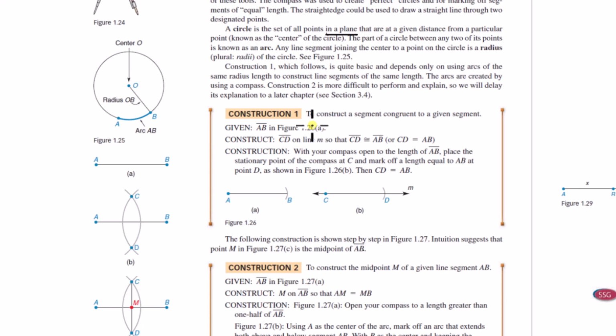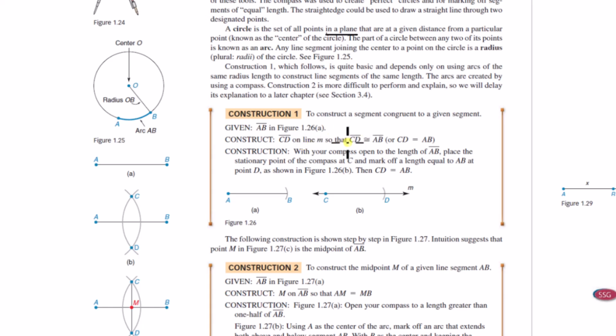Construction 1, to construct a segment congruent to a given segment. So given segment AB in figure 1.26A, construct segment CD on line M.